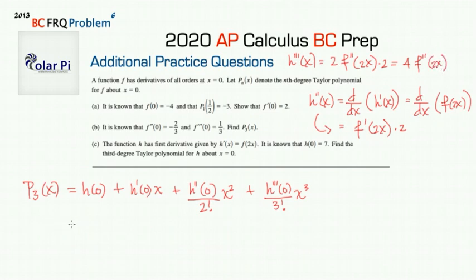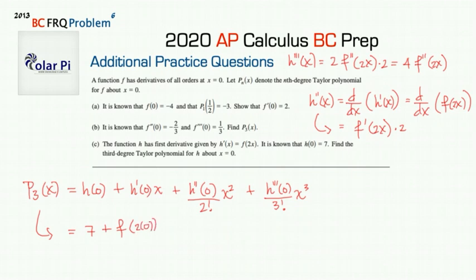So then we see that the third degree Maclaurin, or Taylor centered at 0, for h is going to be, well, we're given h of 0, as I said, that's 7. So 7, and then plus h prime of 0. H prime of 0 is, since h prime of x is this, going to be f of 2 times 0.